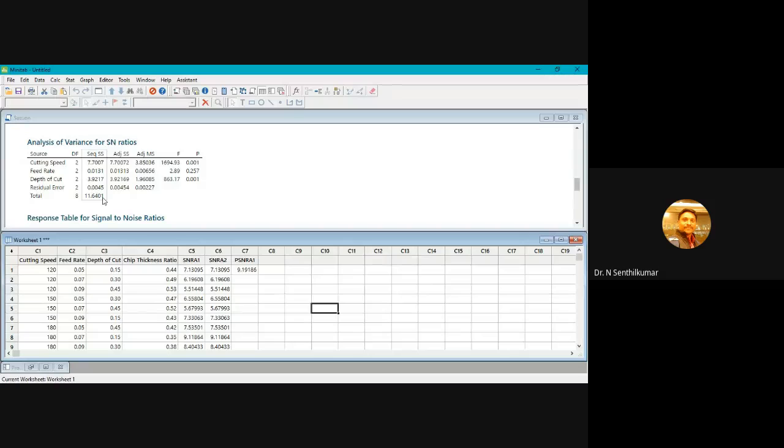That is the percentage contribution. The percentage contribution of feed rate is equal to sequential sum of squares 0.01131 divided by total sum of squares 11.6401. The percentage contribution of depth of cut is equal to 3.9217 divided by 11.6401, sir. This is how we determine the quantification, how much it influences.